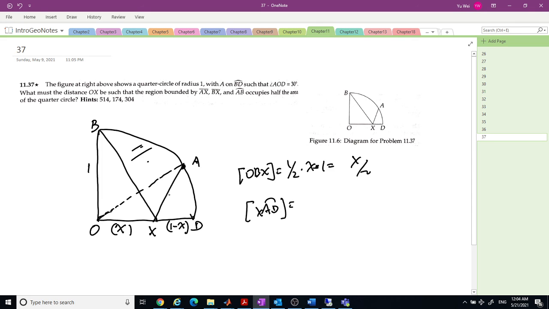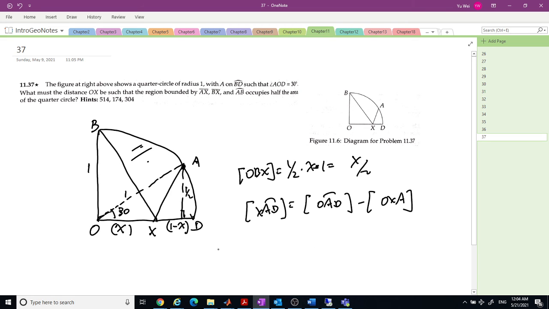So this one we can solve by taking the OAD arc minus the triangle OXA, right? Okay, so we know the angle AOD is 30 degrees, right? So this is the 1, so we know the height is half.